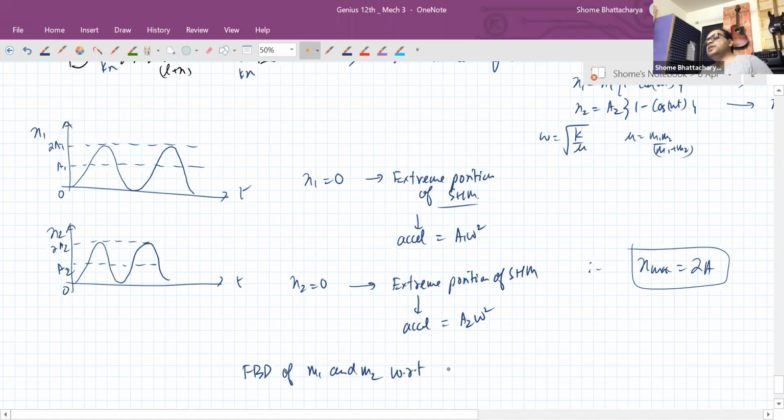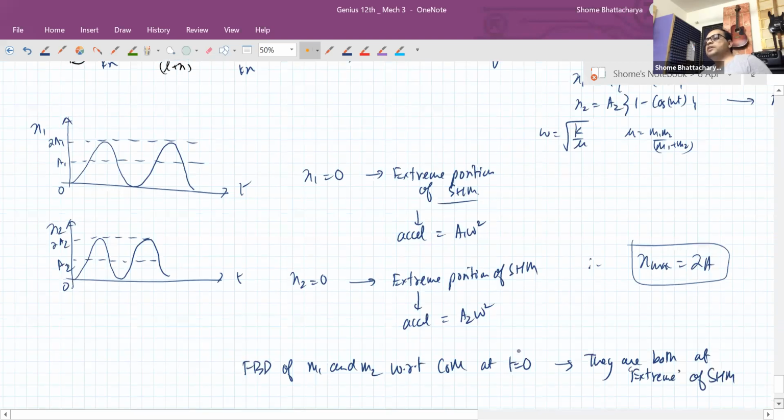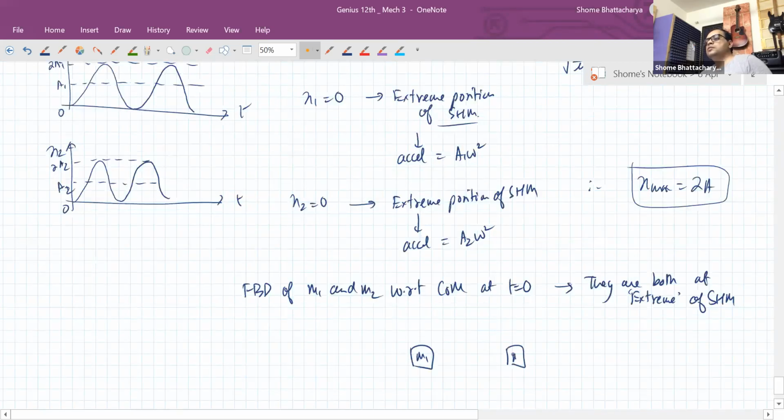with respect to center of mass at t equal to 0, they are both at extreme of SHM. Once again, in that FBD which I had made earlier, at t equal to 0, what was that FBD like?